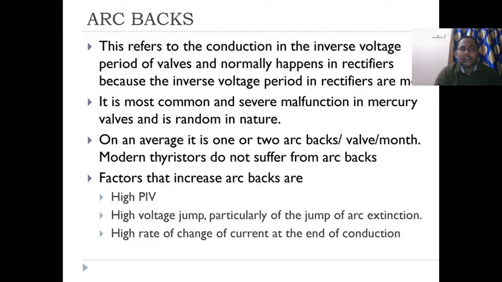In the same manner, we apply the gate pulse, and only then can the valve be turned on. Normally the current flows from anode to cathode, which is called the forward direction. But in arc back, the current flows from cathode to anode, meaning the current flows in reverse direction. This is a big drawback in valves.